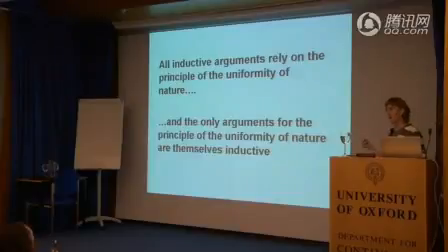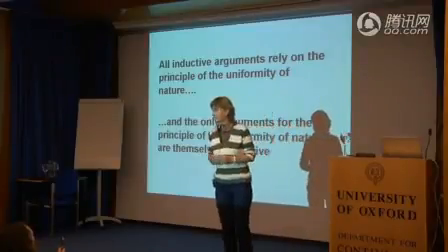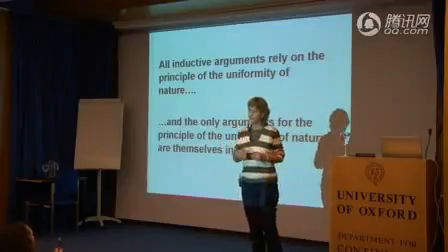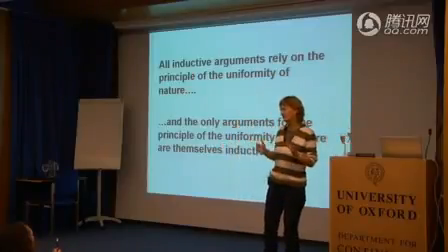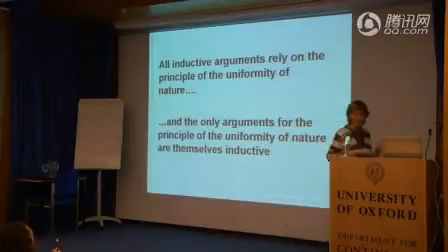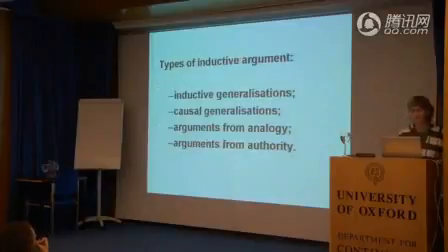People would love to be able to justify the principle of the uniformity of nature, to say why we should believe that the future will be like the past, but no one's conclusively succeeded. There are reams and reams of books and papers written on this problem, and lots of theories about it, but there's no theory on which everyone would converge yet.